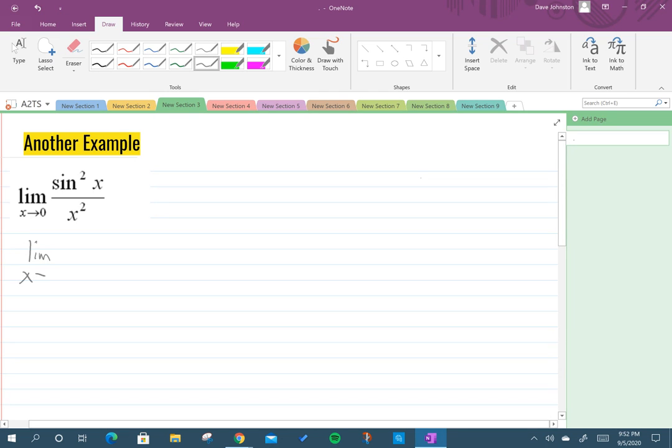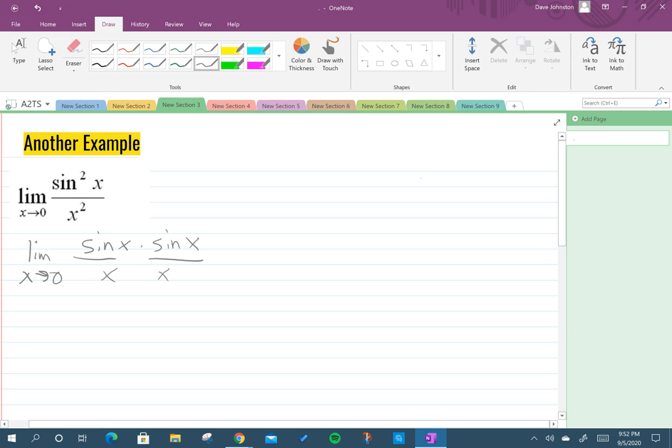And I'm going to say, you're right, but I could pretty easily rewrite this. Instead of saying just sine squared of x, that is sine of x times sine of x. And my denominator is just x and x there. So in other words, I could just say sine of x over x times sine of x over x.